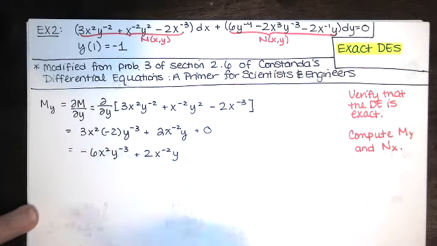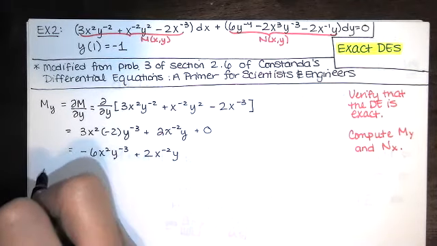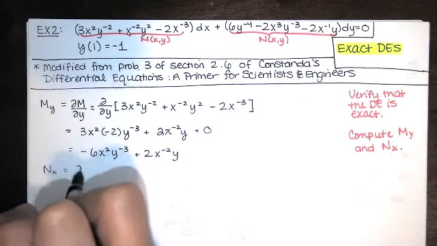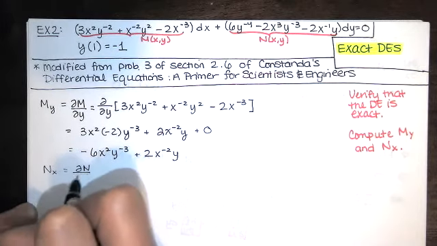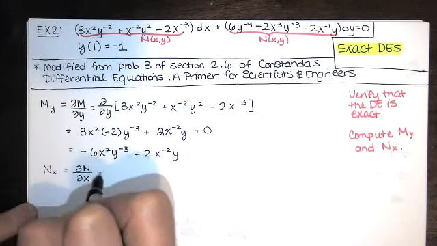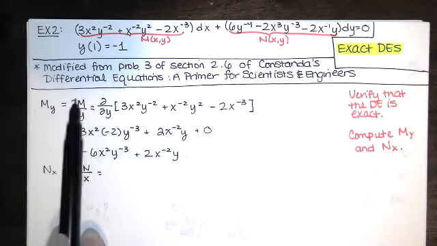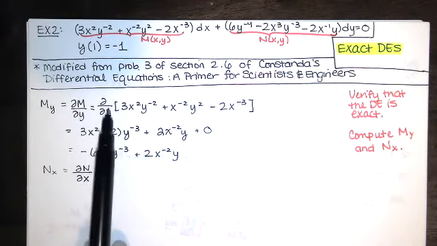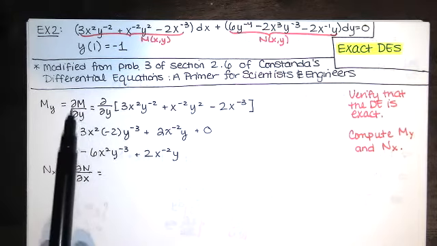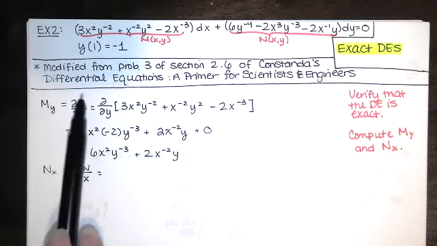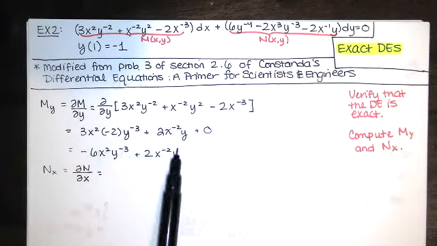Now let's take the partial of N with respect to x, see if we get the same thing. You can use subscript notation if you prefer, or you can use Leibniz notation. Just want to point out, this is a function, and this is a function. This is not a function, this is an operator, so it's a little different. This is the partial of M with respect to y, which is a particular function, it's this.